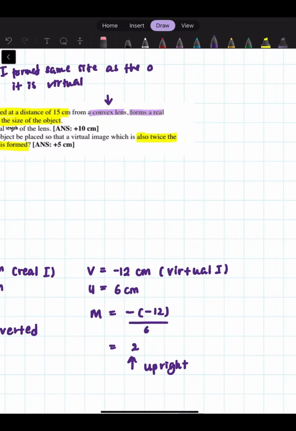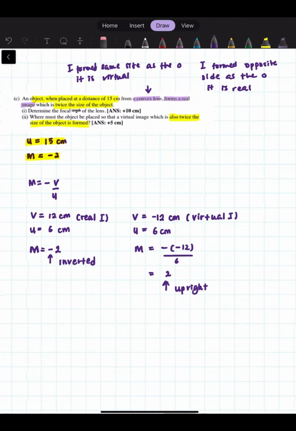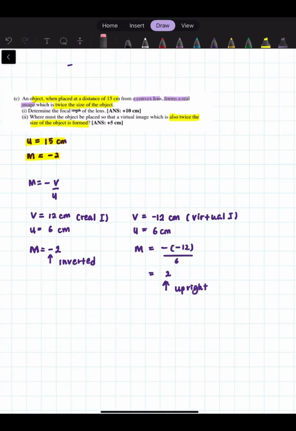And if the image is formed on the opposite side as the object, it is real. So now let's continue to answer our question, but let me rub off a few things first, and then we continue to answer our question.